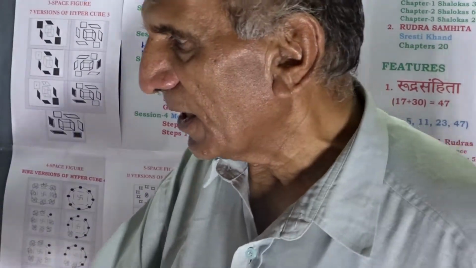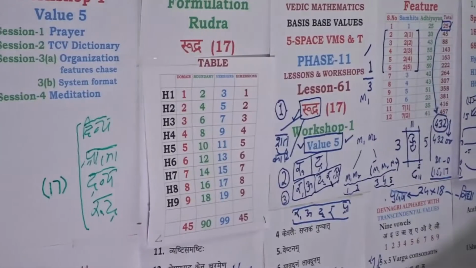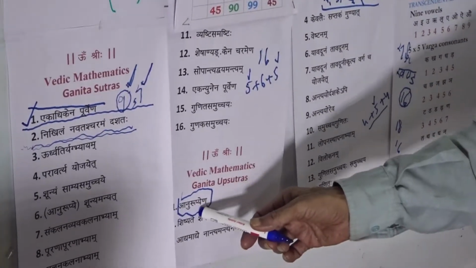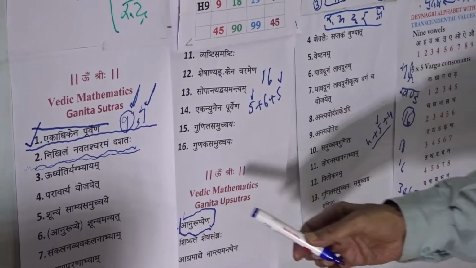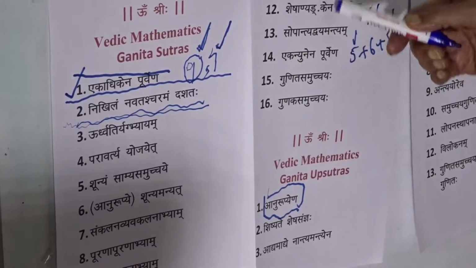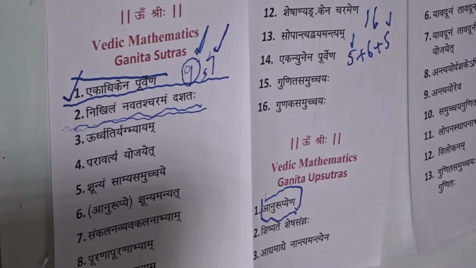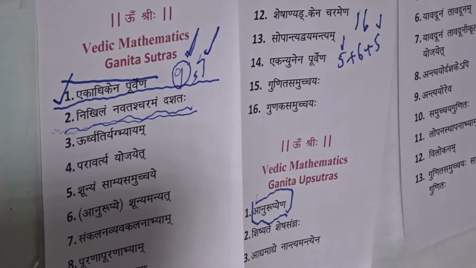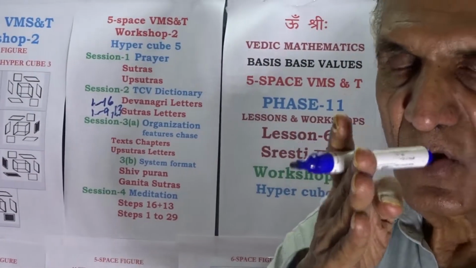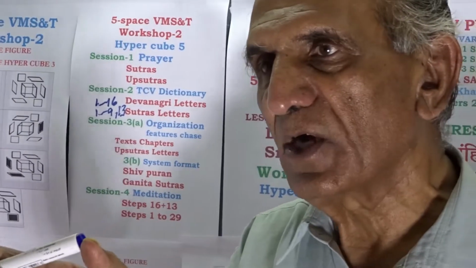However, Ganita Upsutras are 13 in number, and the first Ganita Upsutra avails 10 letters. The text of Ganita Sutras and Upsutras avails 36 letters, and these 36 letters avail TCV values 1 to 9 and the value 13.